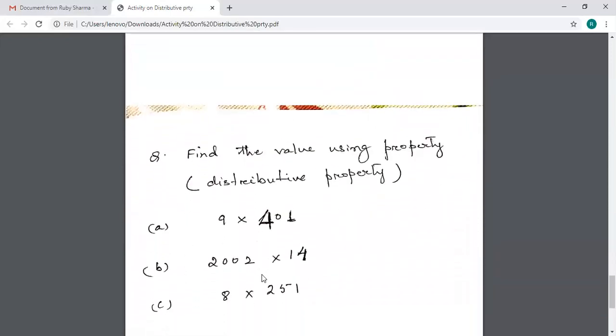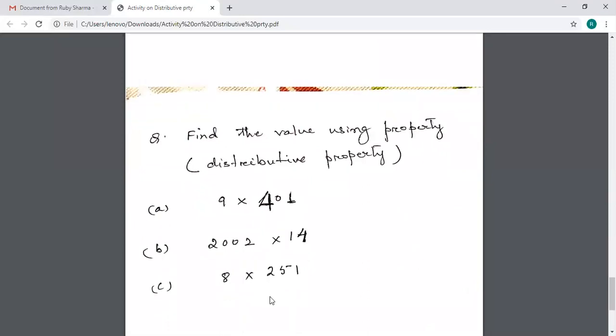Now here I've given you a few sums just for your practice. 9 into 401. You can write 9 into 401, and write 401 in the expanded form, 400 plus 1. Now for this, you can write 2000 plus 2 into 14.